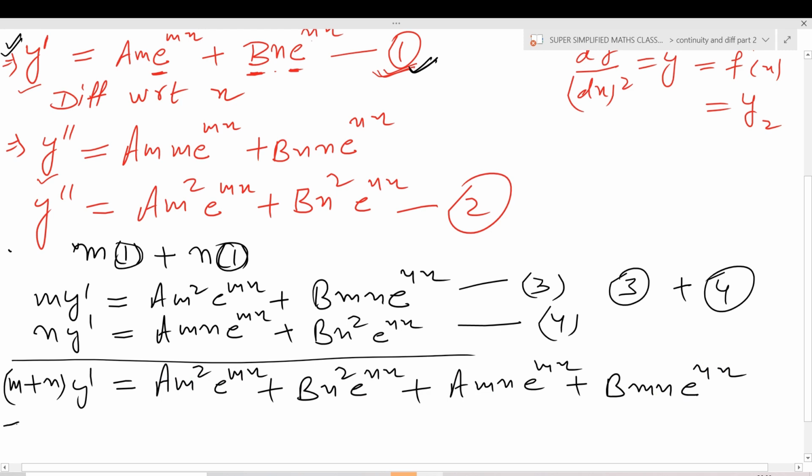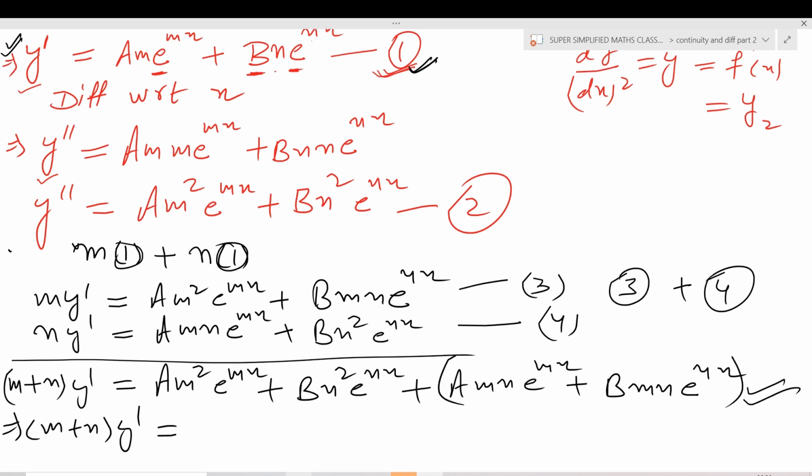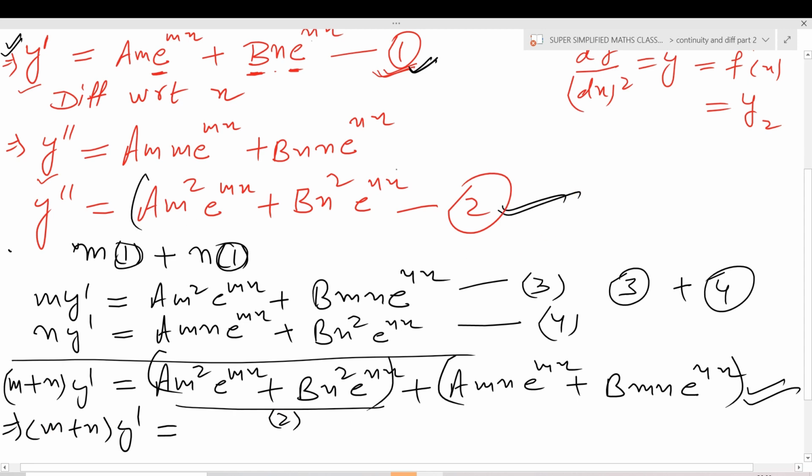Now this equation we rewrite it as m plus n y dash is equal to, look, in these two terms I can take mn common, and these two terms can be compared with equation 2. If you compare them with equation 2, you get that a m square e mx plus b n square e nx is equal to y double dash. So I can replace this by y double dash plus, taking mn common, a e mx plus b e nx.